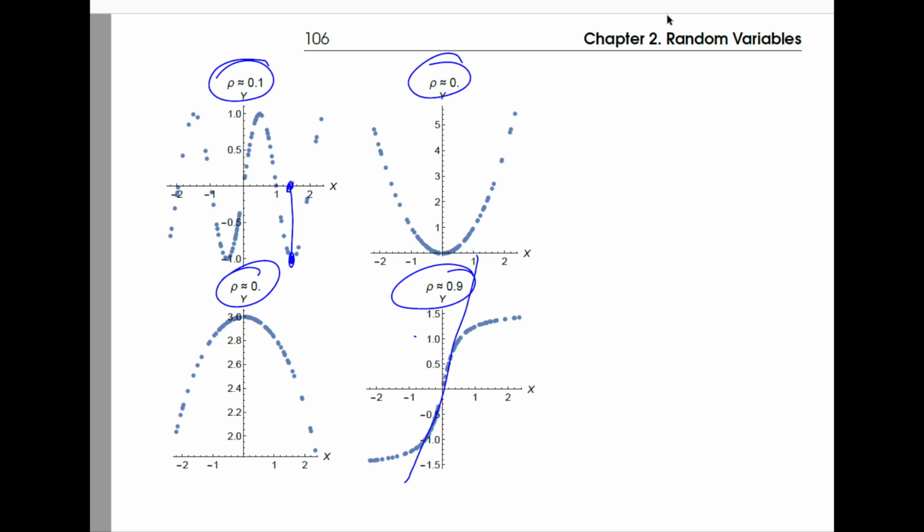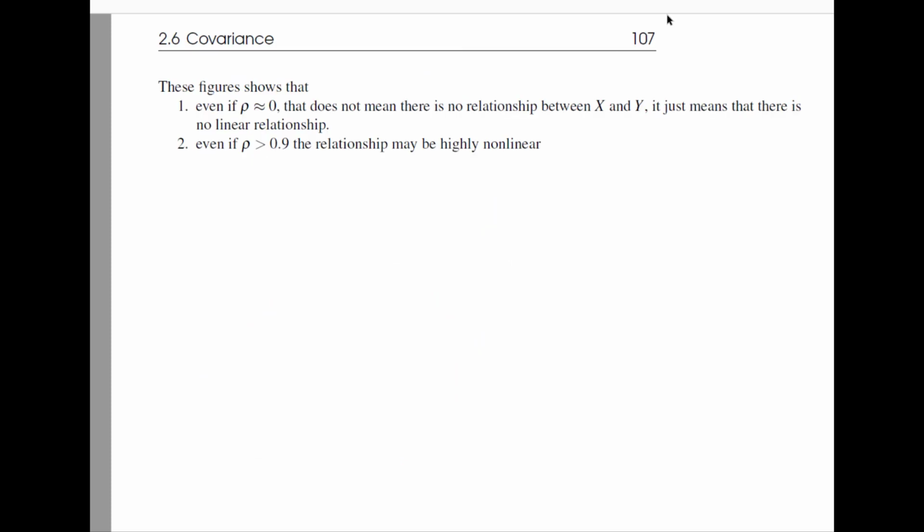And this is why correlation equal to 0 doesn't guarantee independence. These figures are the best explanation of that, especially the ones with very low correlation. There's a perfect relationship between the two, but it's just that the relationship is not linear. Very good.